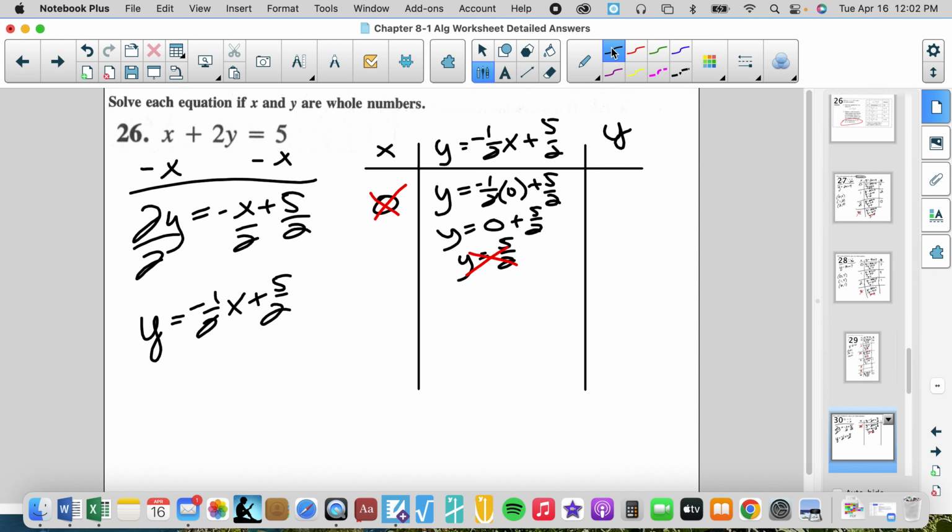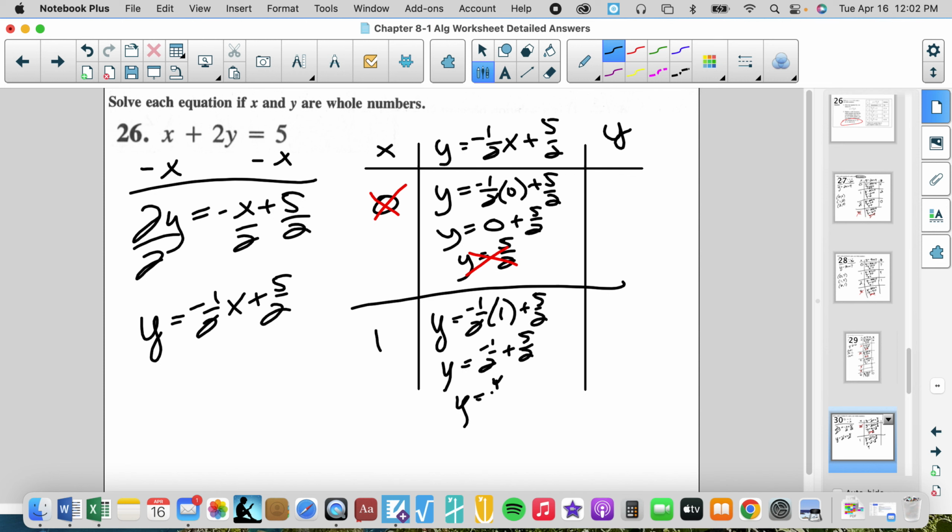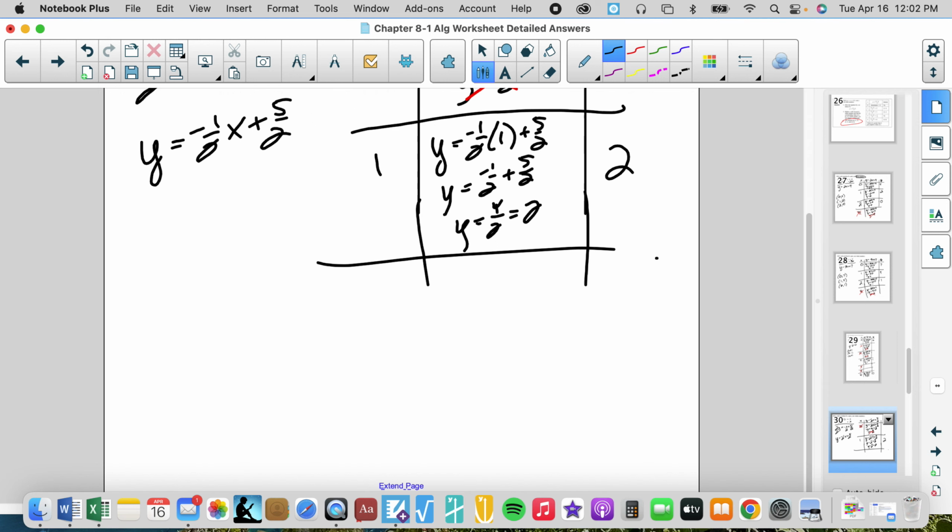Is 1 going to work? Let's check it out. Does 1 work? Negative 1/2 times 1 plus 5/2 equals negative 1/2 plus 5/2, which equals 4/2, which equals 2. Yes, that worked. Oh, so do you think 2 is going to work? What do you think?